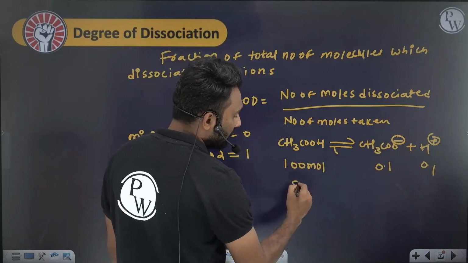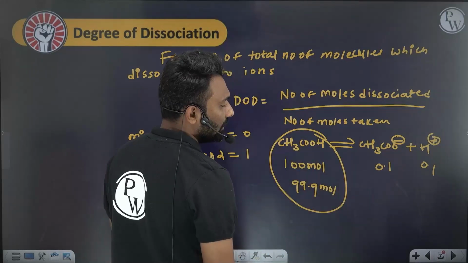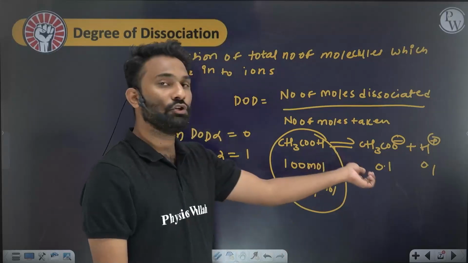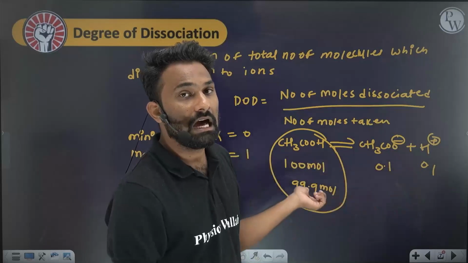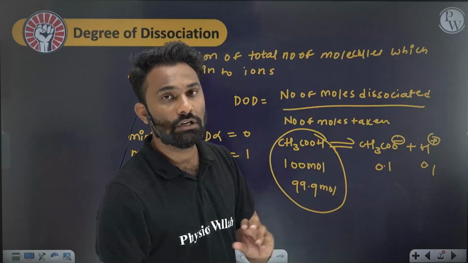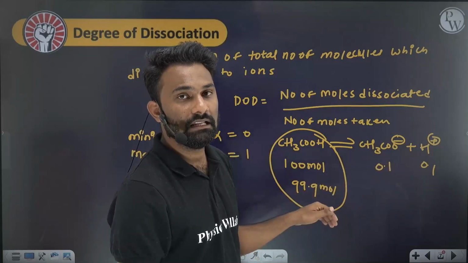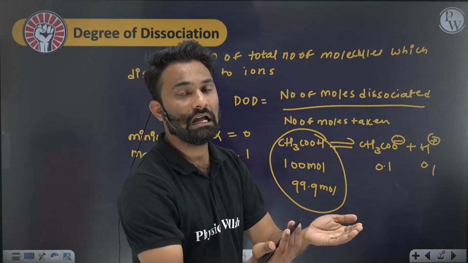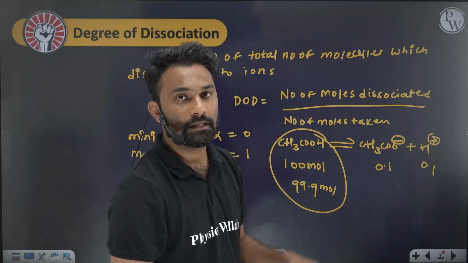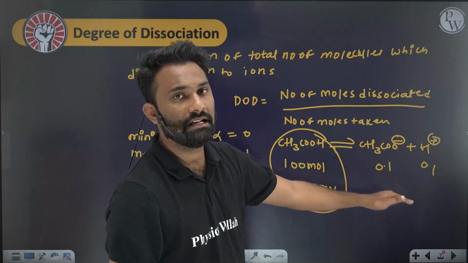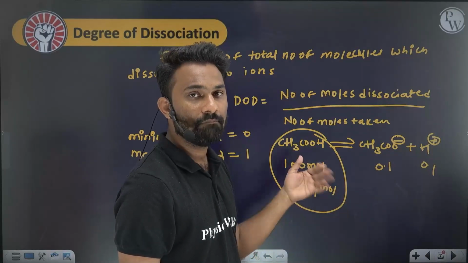The remaining 99.9 moles are left as the reactant only, right? Only 0.1 mole has been converted into ions. Alpha is how much dissociation happens, and here the dissociation is less. The remaining 99.9 moles stay in the reactants only.